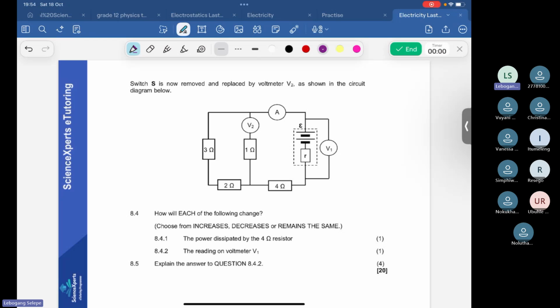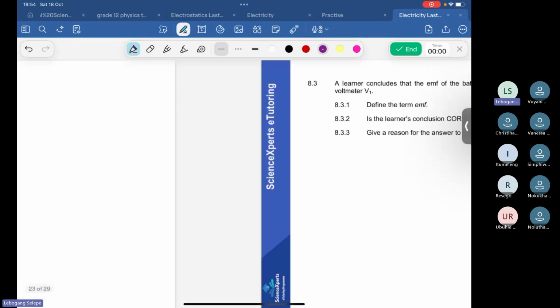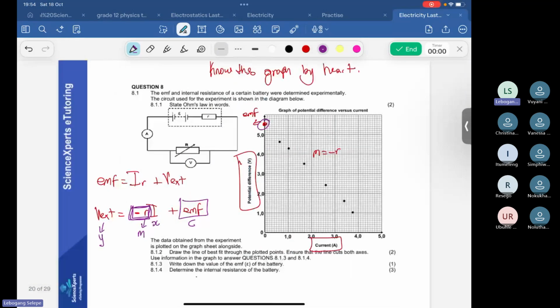You know what to prepare when you prepare for the final paper. Just go there, practice more questions. I gave you the basics. I gave you the things you need to know. Please make sure that you prepare, practice as many questions as you can. You'll see that the questions are repeating, guys. Do multiple choice questions as well.